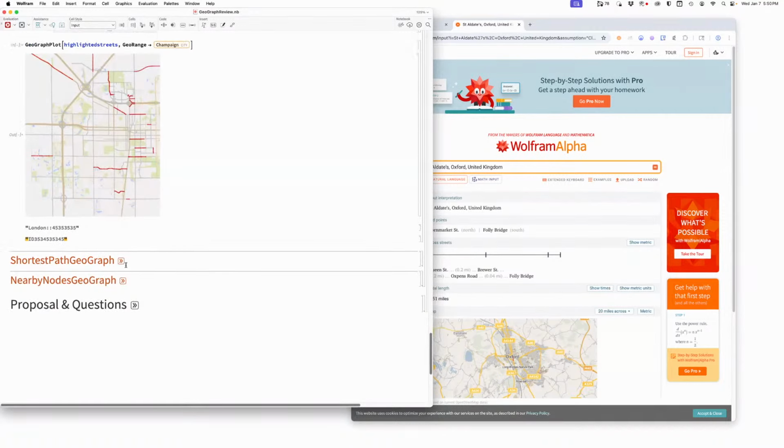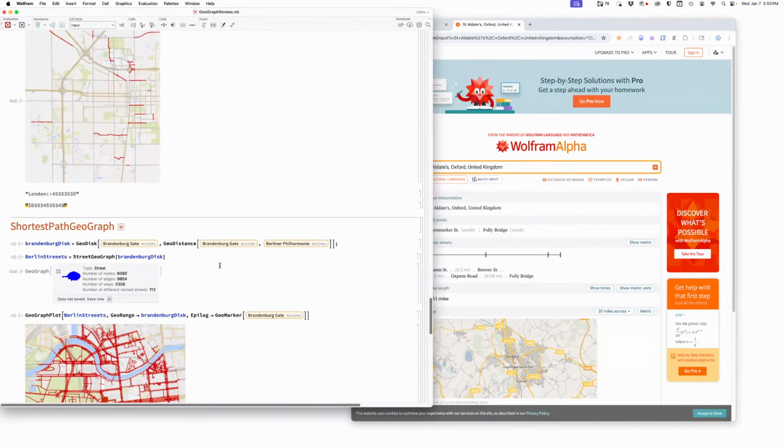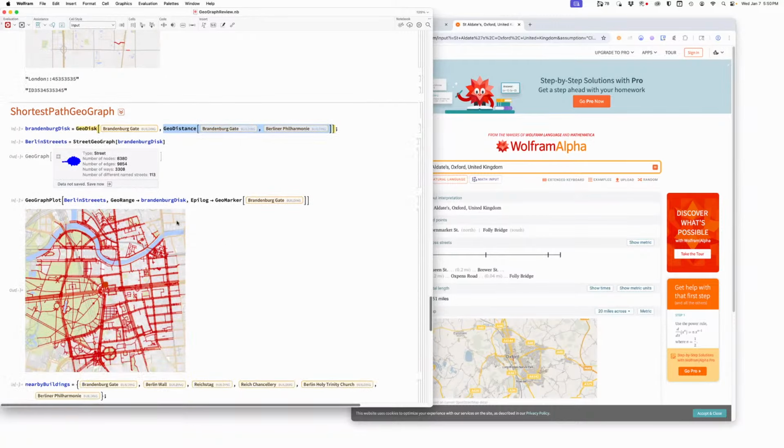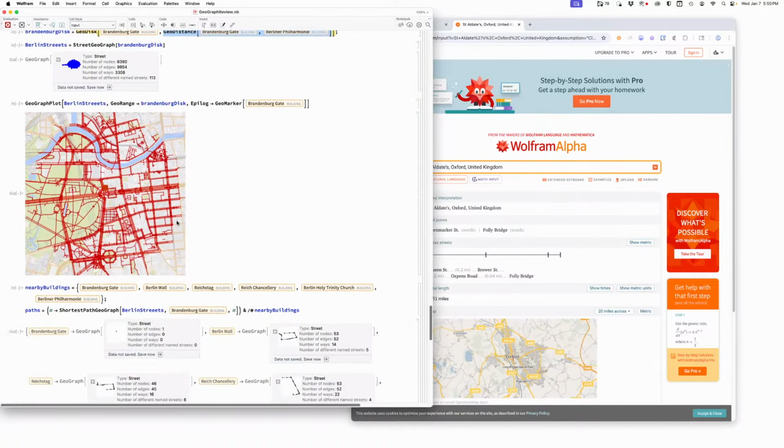Right. Let's look at these other things. What on earth is this? Oh, that's just computing the radius of the geodesic.